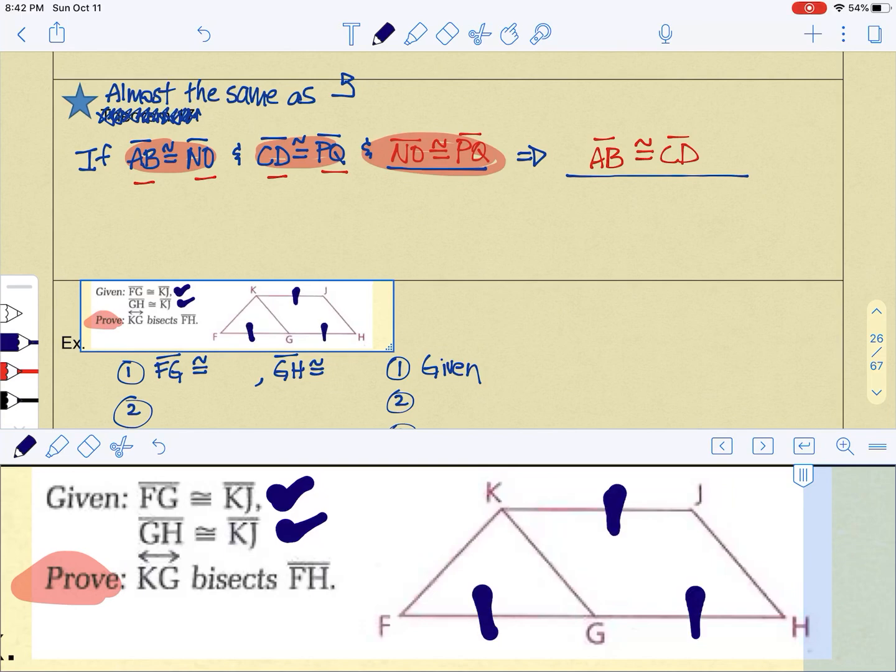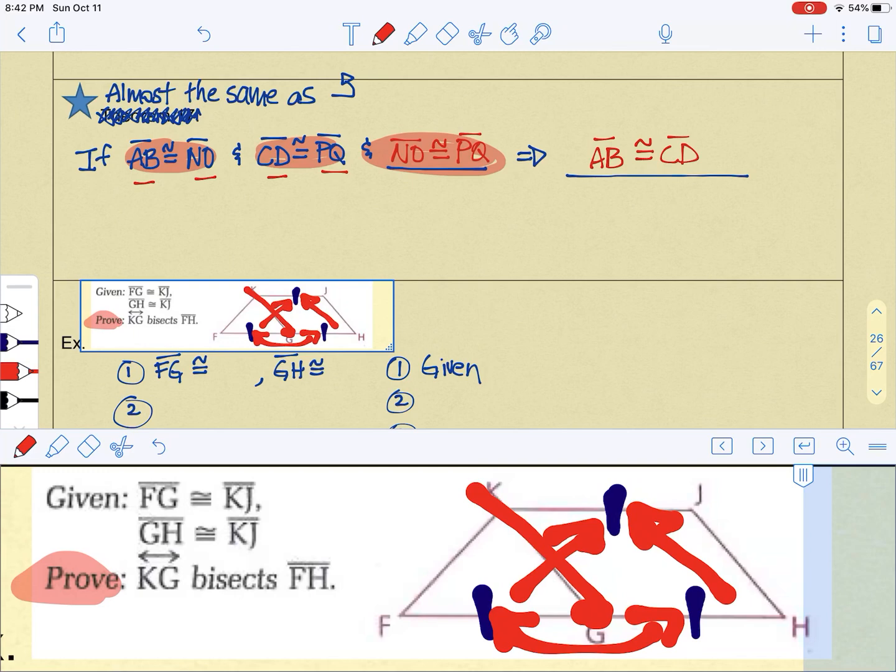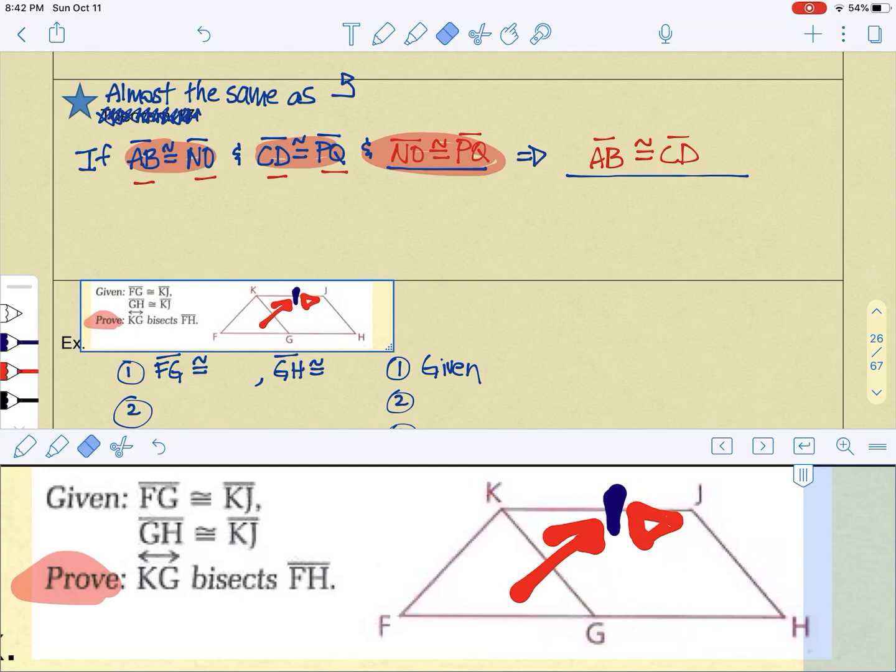And we know GH and KJ. Oh, I already marked that. Well, look at that. So if that segment is congruent to that segment, and that segment is congruent to that segment, then these two must be the same, which means this point must be a midpoint, which means this line must be a bisector. Did that make sense? I hope it did.